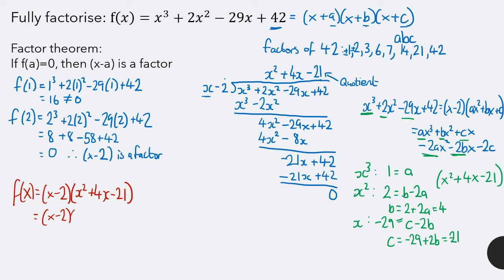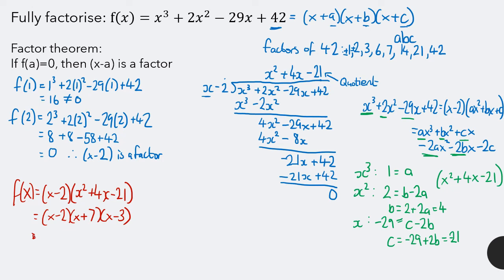And in this case, you can probably do it by inspection. You might be able to say that x plus 7 and x minus 3 are the different factors there. If you couldn't spot that, you could just use the quadratic formula to find the roots and then substitute those in. Okay, so this is it, fully factorized.